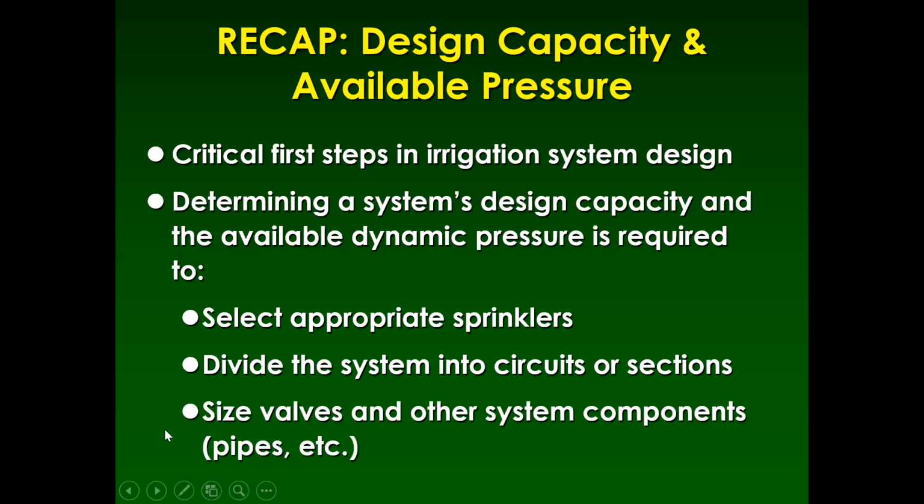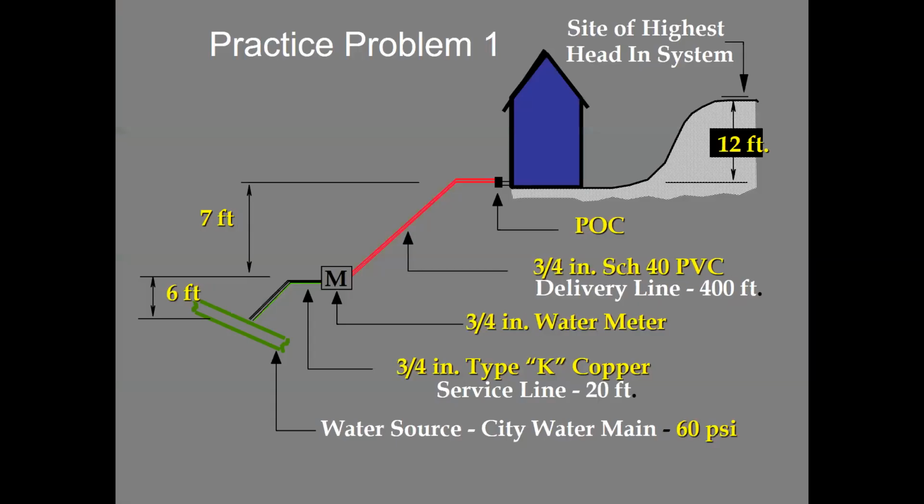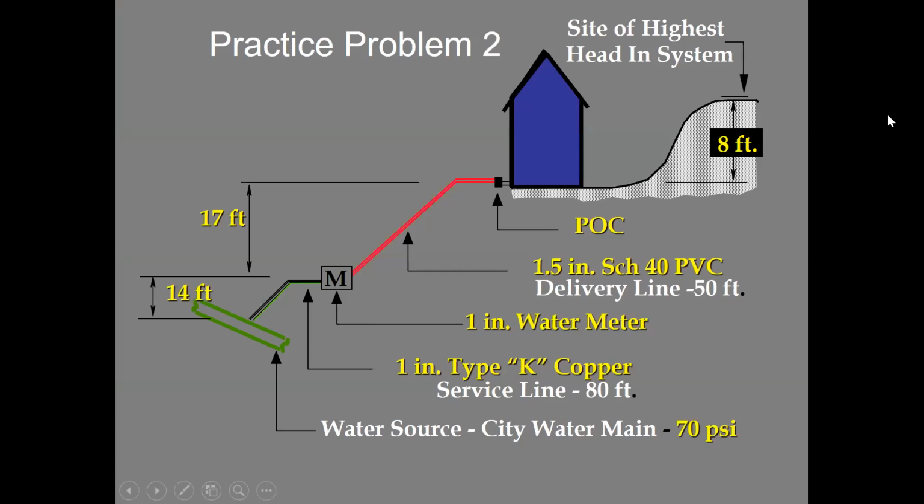So once we divide everything up, we could also size our valves and the regular system components. Looking at this, we have our point of connection. Do we need to use a 3-inch pipe to get up to the top of that head? No, because our delivery line's already choked down to a 1.5-inch pipe.